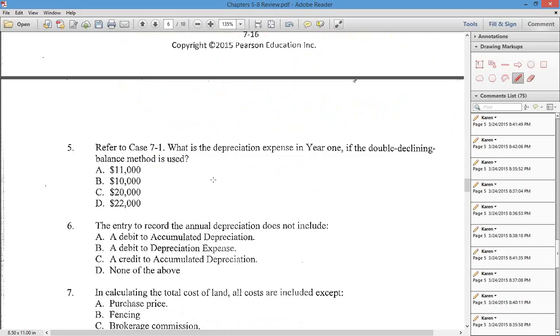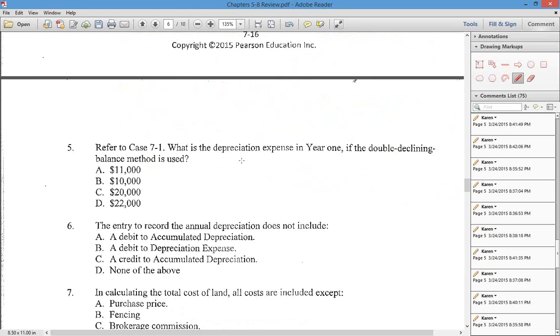The other thing to think about with accelerated depreciation is that you don't consider the residual value up front. We don't subtract off that residual value before we start the depreciation process. We just have to make sure that our book value does not go below the residual value at the end of the process.